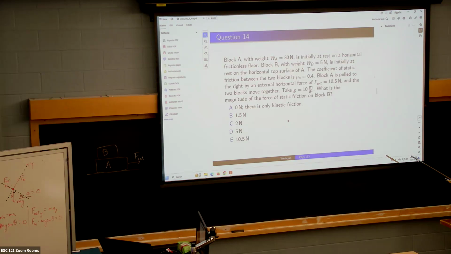So how did we figure out the direction of the force? So there should also be forces of friction.